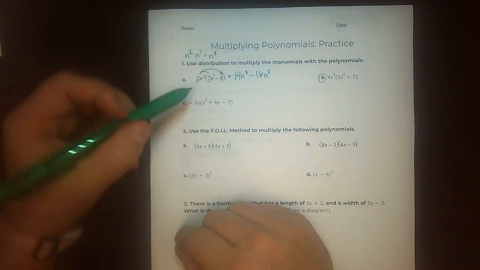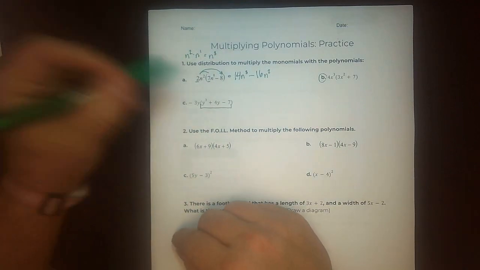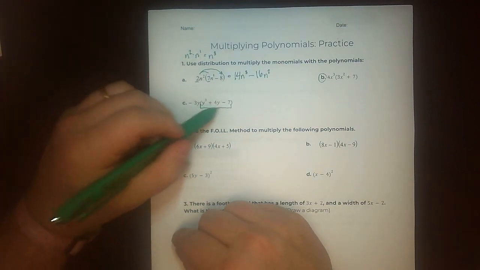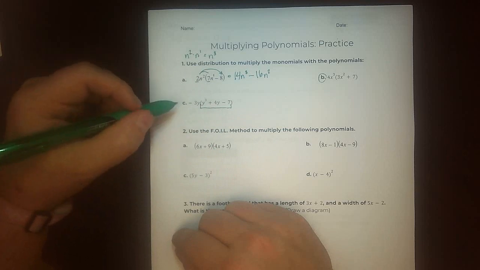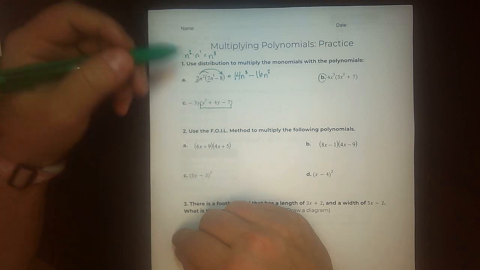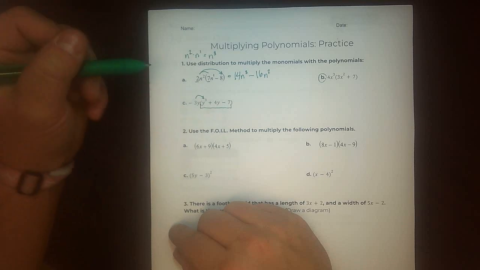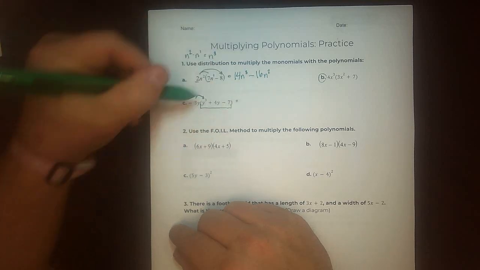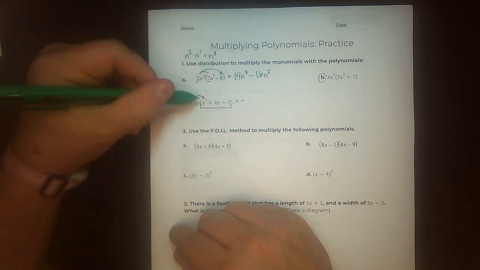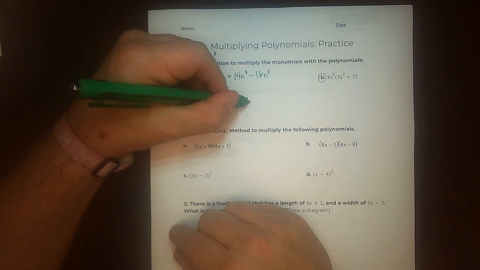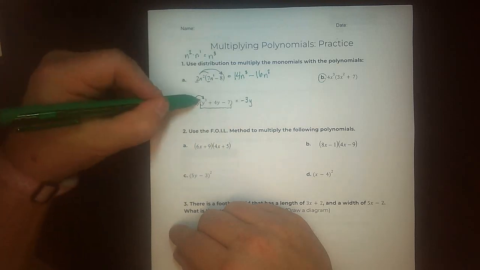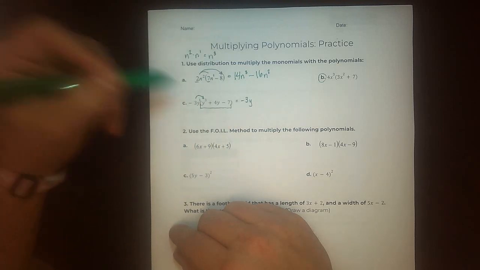Alright, so now we have 3 terms inside these parentheses. This is a trinomial multiplied with a monomial. So negative 3y we're going to multiply. So negative 3y times y to the third power. Well, that's going to be negative, and the 3 is going to stay a 3. But the y is going to be y to the first power times y to the third power.